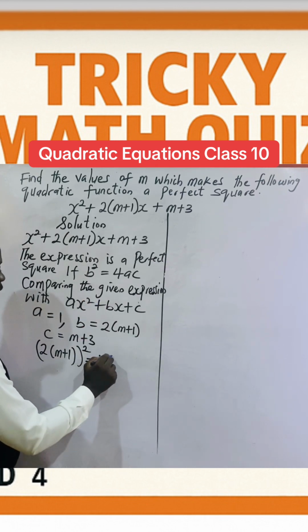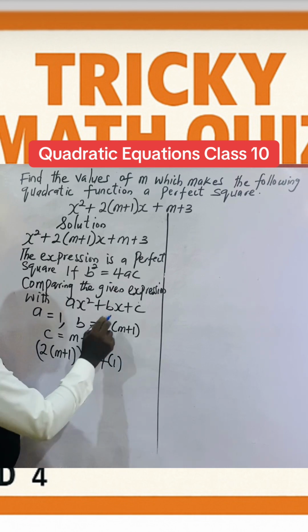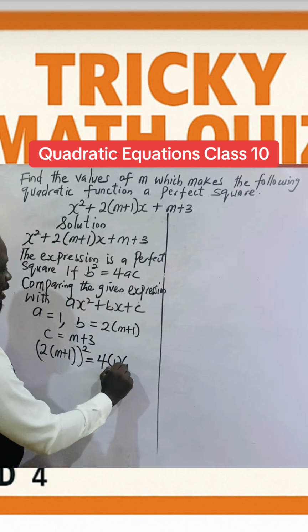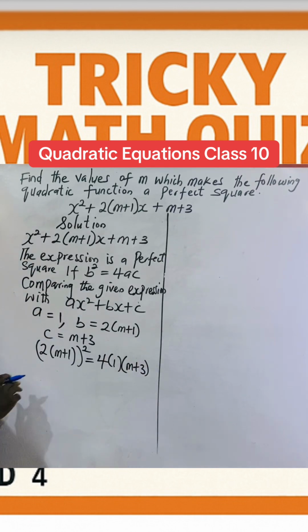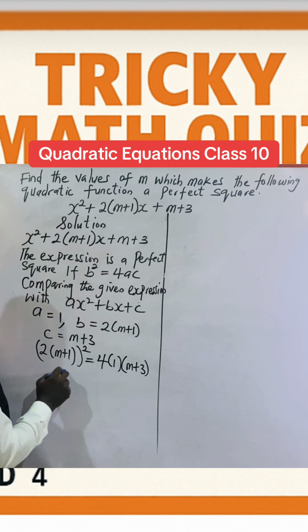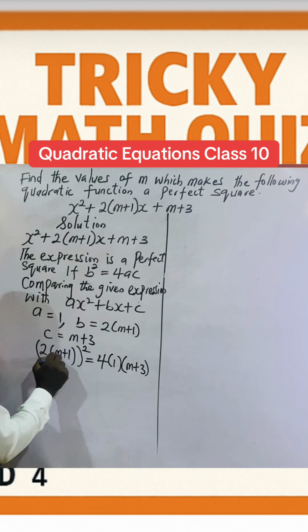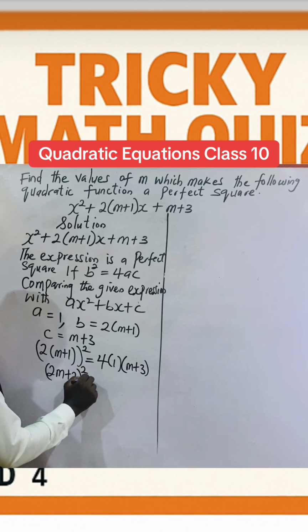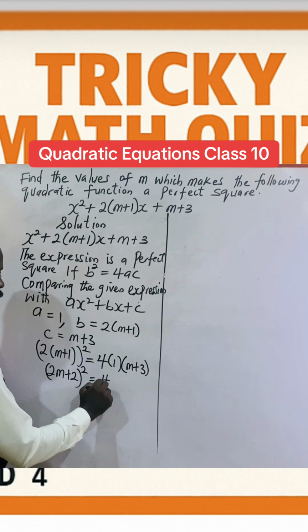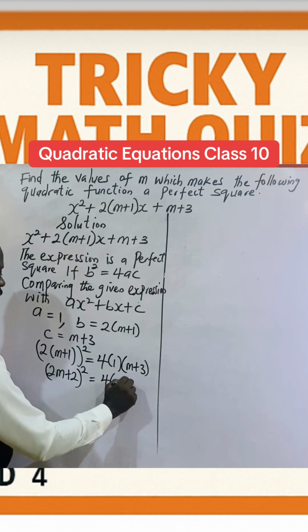A is 1, then c is m plus 3. All right, so you've arranged it. So you simplify this. Let's first of all open up this. We have 2m plus 2 squared equal to 4 into m plus 3.